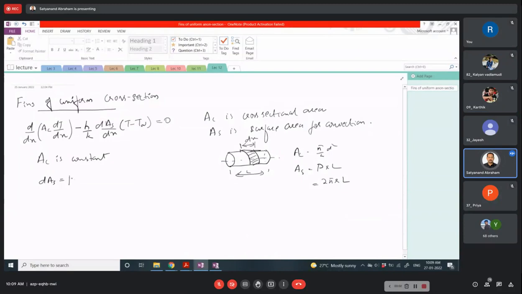Since it is a circular one, it is 2 pi r dx. If it is a rectangle or something, we can say perimeter into dx.